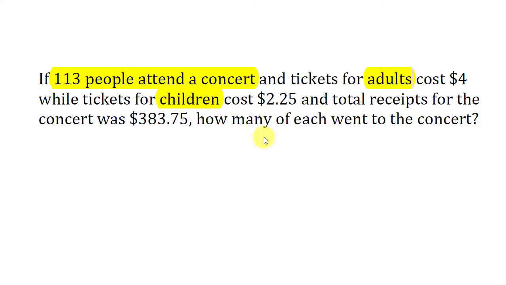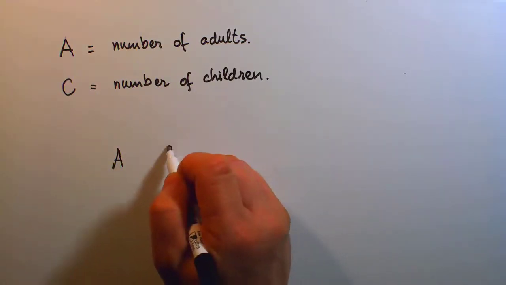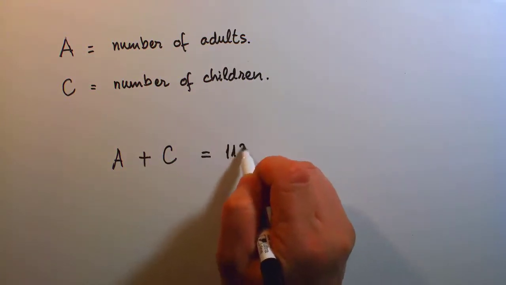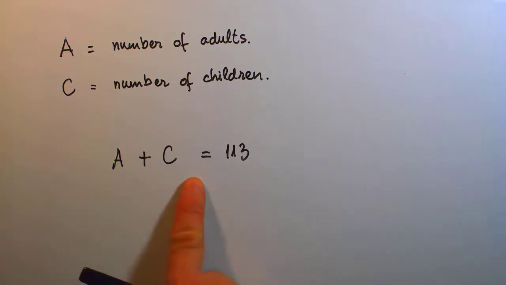So mathematically speaking, we have found one relationship: adults and children together total 113. This is a relationship between the two variables, so we have found one of them.